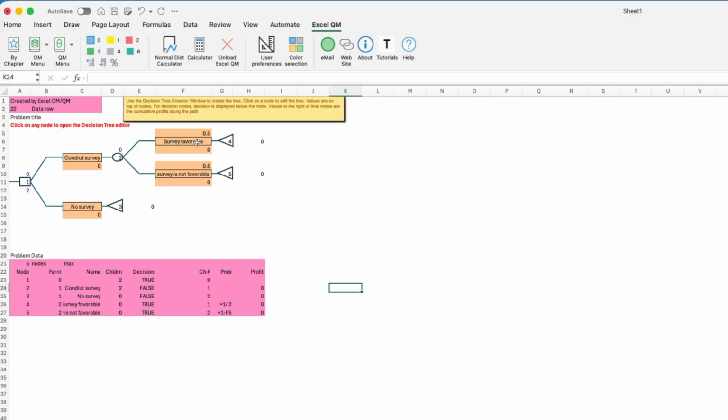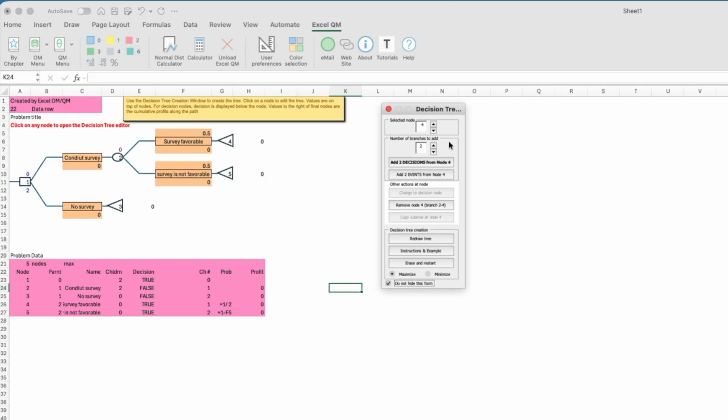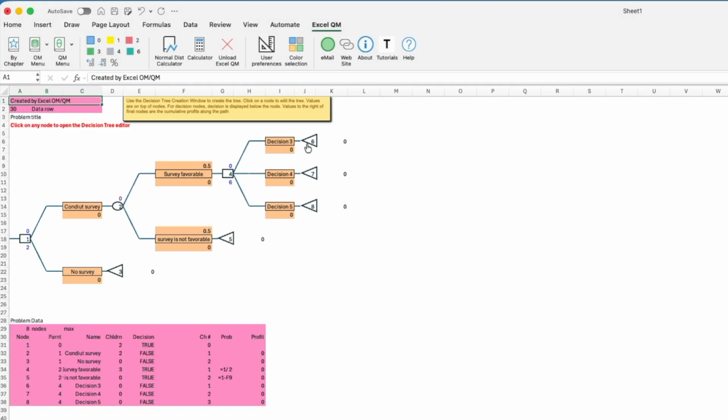Next, if survey is favorable, the company decides to have 3 decisions, so the number of branches this time is 3, and I'm going to add 3 decisions for node 4. So decision 1, large plant, small plant, or do nothing.